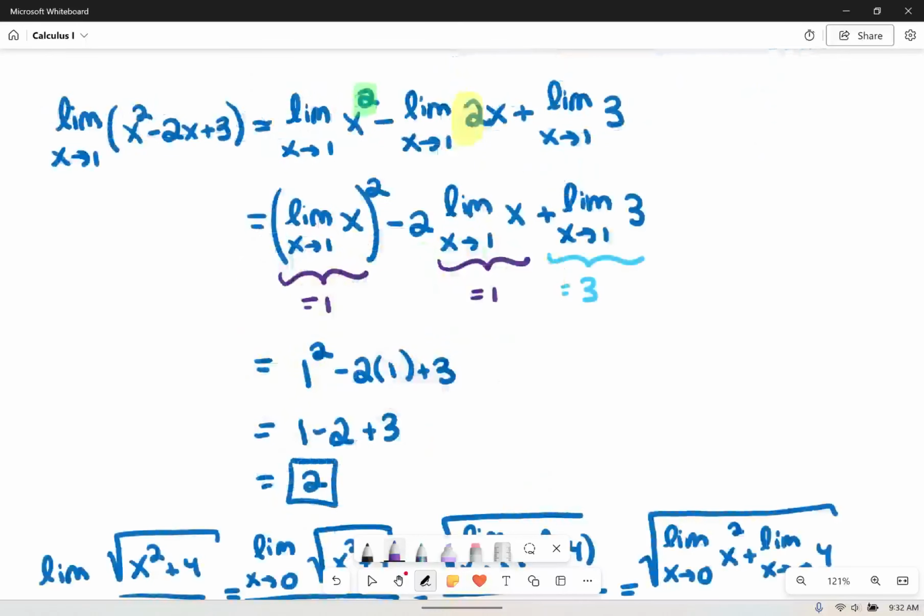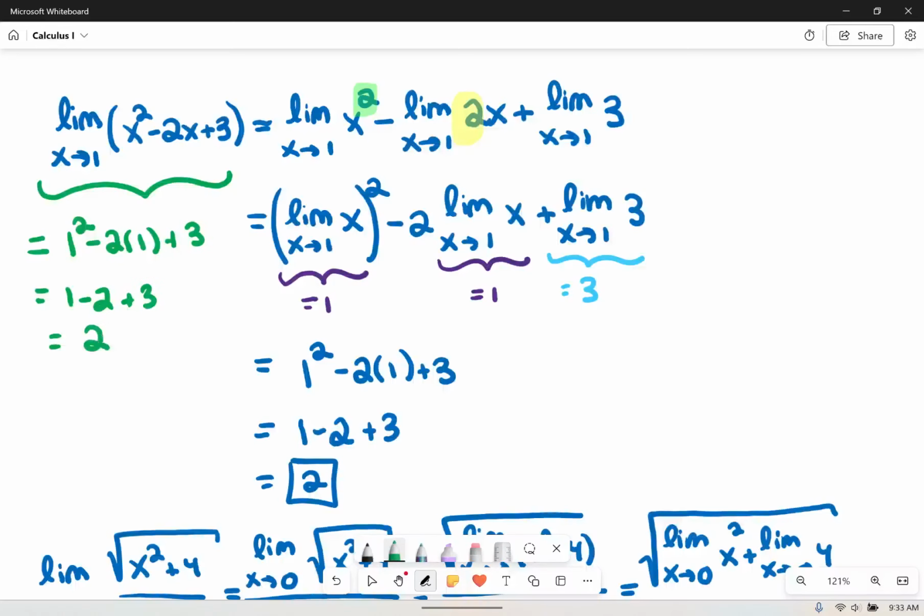For the first limit, the limit as x approaches 1 of x squared minus 2x plus 3, if we just replace x with 1, we get 1 squared minus 2 times 1 plus 3, which equals 1 minus 2 plus 3, which equals 2.